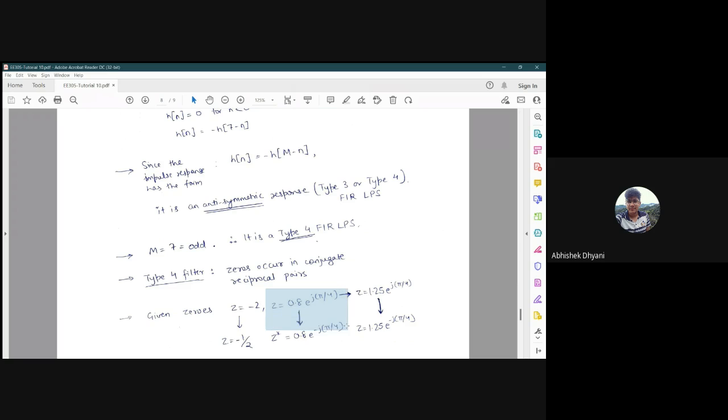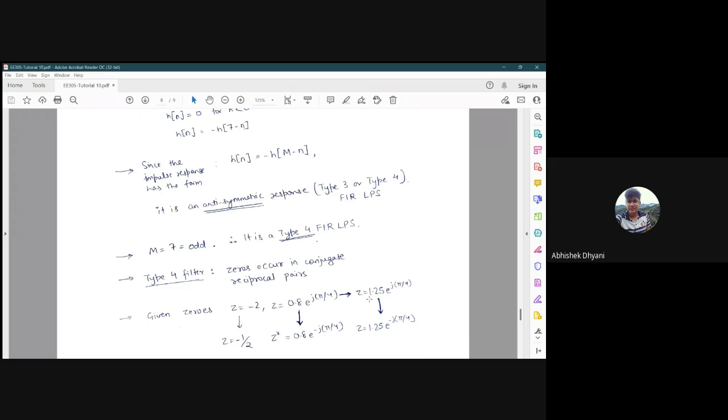When we calculate its conjugate, it will be minus j pi by 4 in the power. We can also calculate its inverse, which is this one, 1.25 e raised to the power j pi by 4. And then obviously the conjugate of this reciprocal, which will have the power of e as minus j pi by 4.